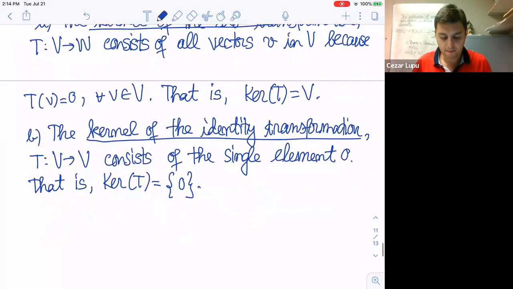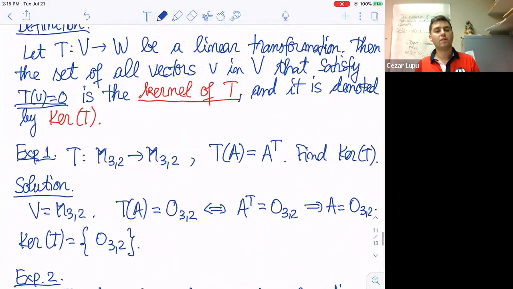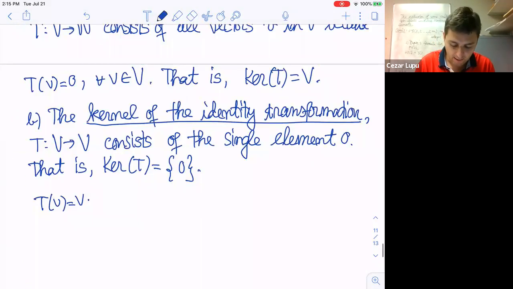Because keep in mind that the identity is T of V equals V. And we say that the kernel of T is nothing else than all vectors V, look at the definition above, for which T of V equals 0. So in my case, T of V equals 0, which is this, will imply that V equals 0. So it will consist only of the 0 vector. All right. I hope it makes sense.